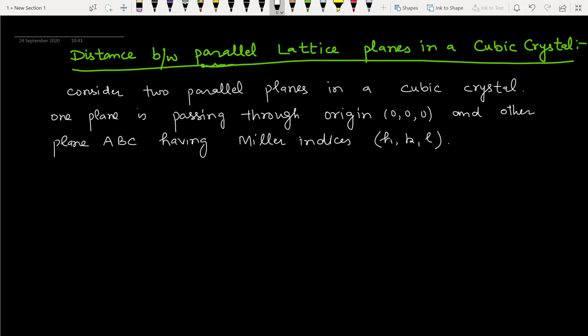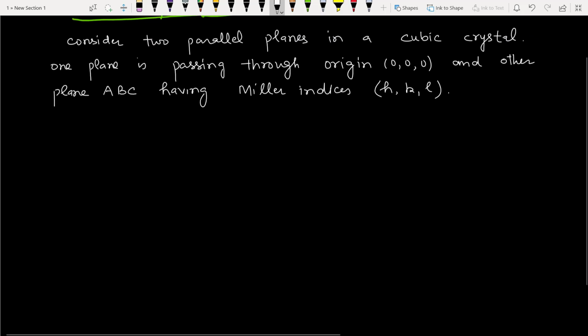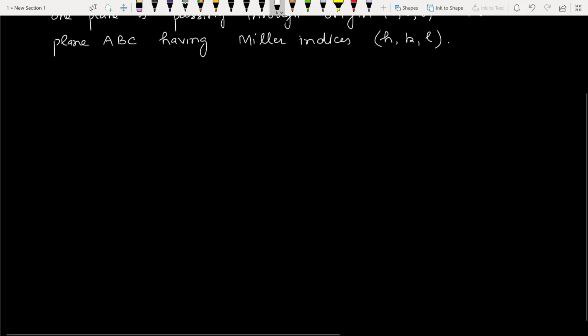So now we wish to represent this HKL plane on the coordinate system.